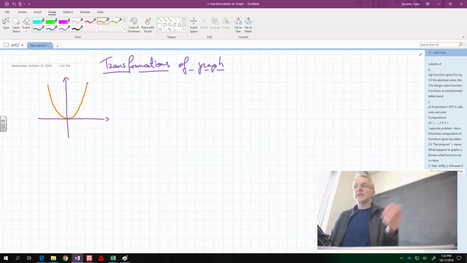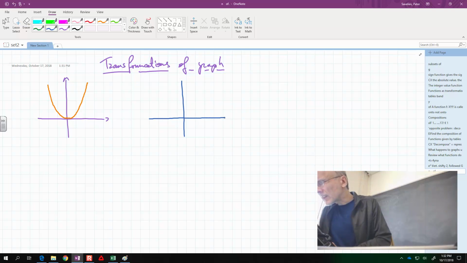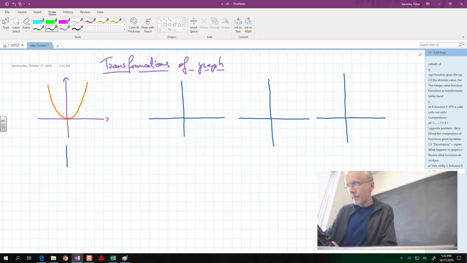So let's say it's a parabola. Like I said, there will be 6: 3 vertical and 3 horizontal operations. Okay, so let me start with the vertical.